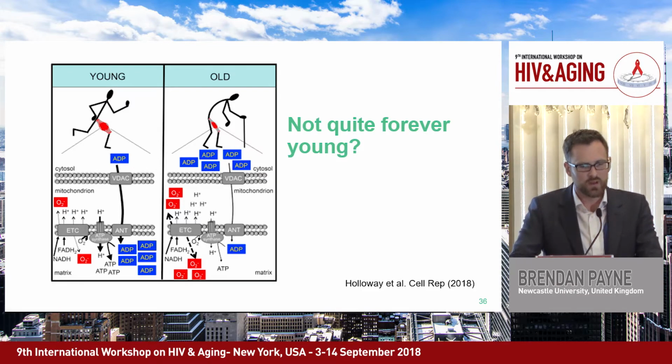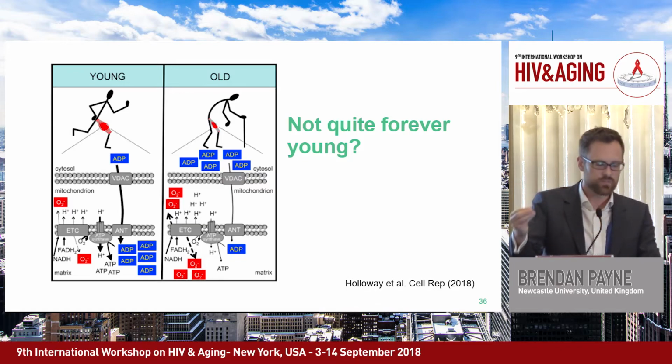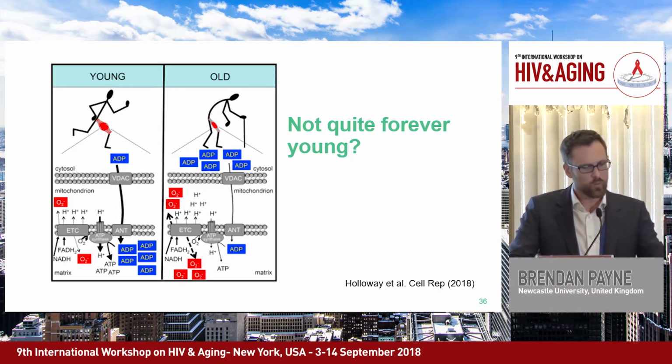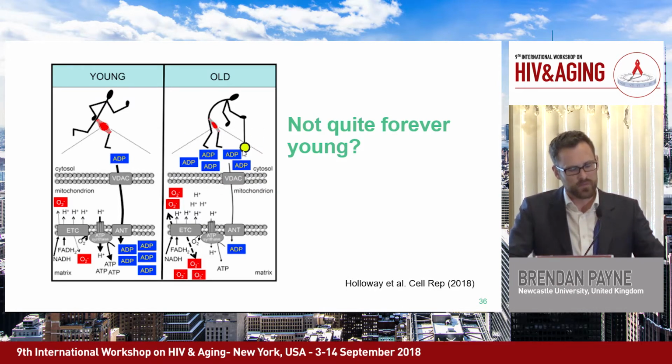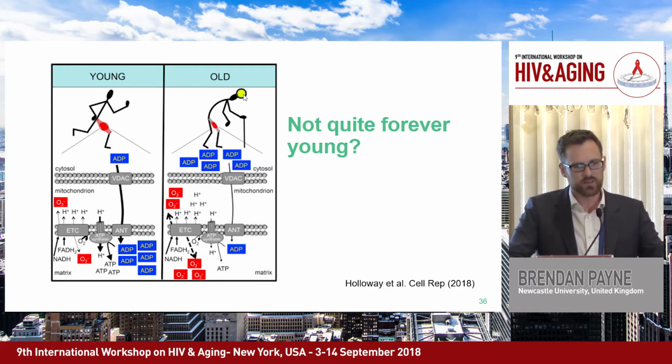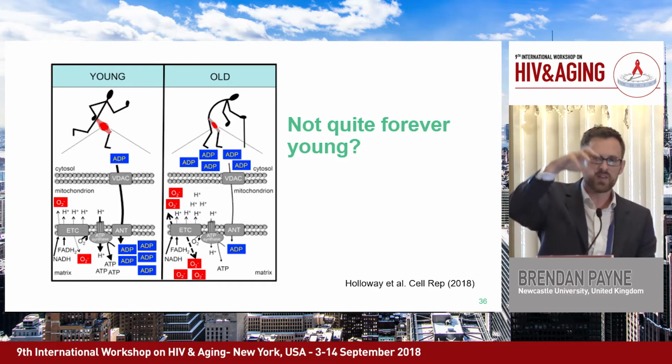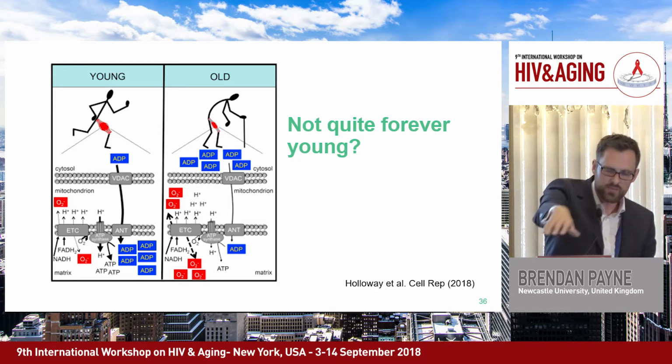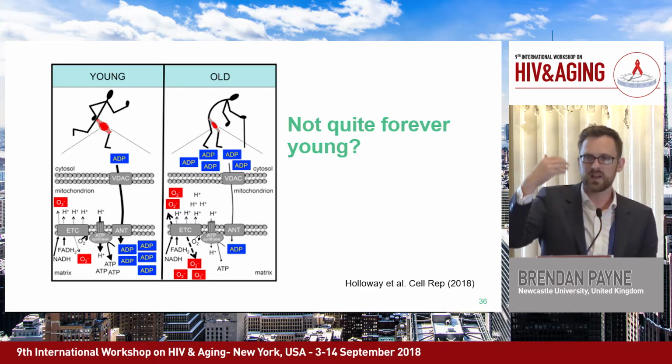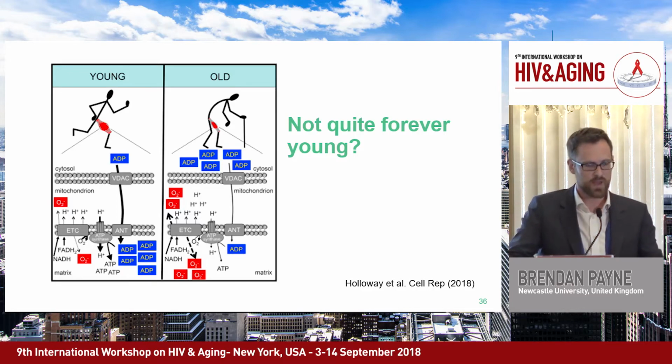And the two molecular features of this block that they picked up: one was that there seemed to be a bottleneck of ADP. So their ability to take ADP and push it through the mitochondrial respiratory chain to make ATP of energy seemed to be impaired.